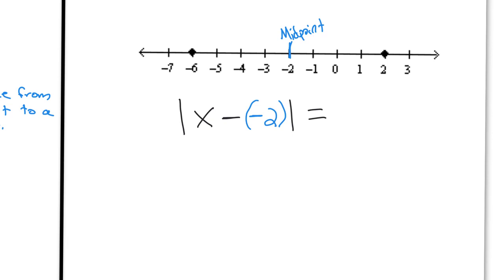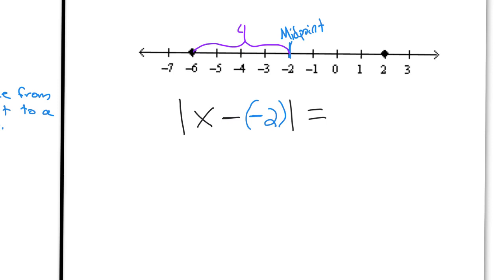And then the number on the other side is going to be the distance from the midpoint to any point on that number line. We have one on the right side, one on the left side. Doesn't matter which one. I'm going to use the left side. So the distance from the midpoint to the points is 4 units.